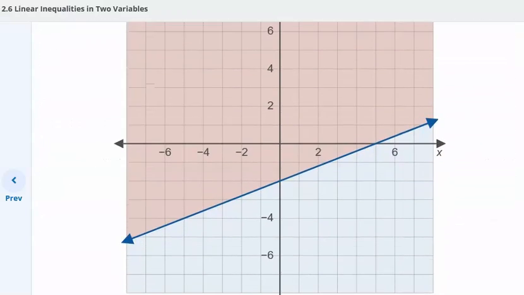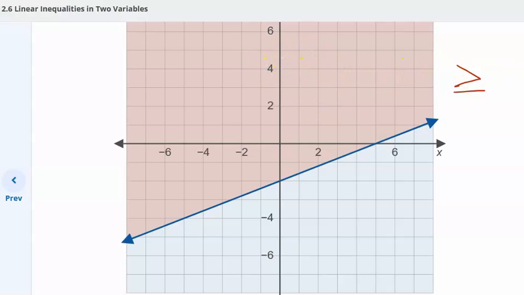So as we look at this, what does this tell us? Well, this was greater than or equal to, because this line separating the solution region is a solid line, and greater than is the shaded area above.